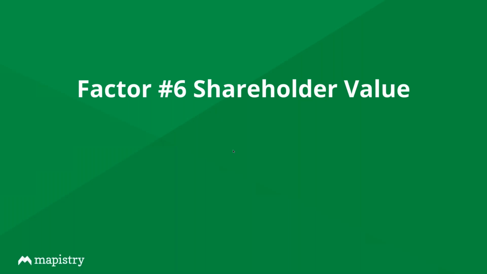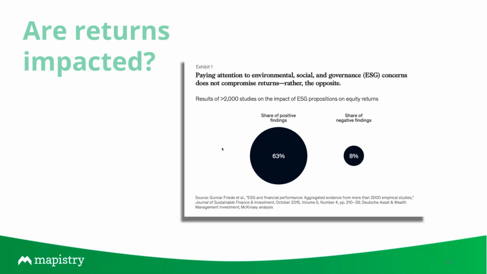And our sixth factor, and it ties back a little bit to number 3, access to capital, is shareholder value. One of the studies that's out there found 63%, you know, paying attention to this is going to result in higher returns. I think this is one of the good studies to look at, and it takes into account a number of those tougher-to-quantify soft costs.